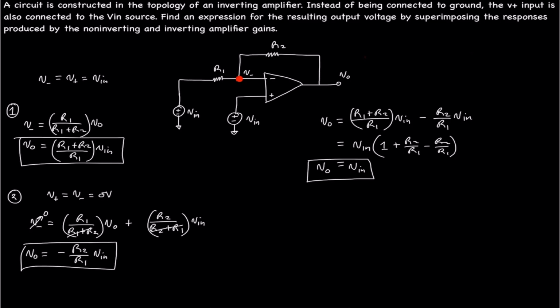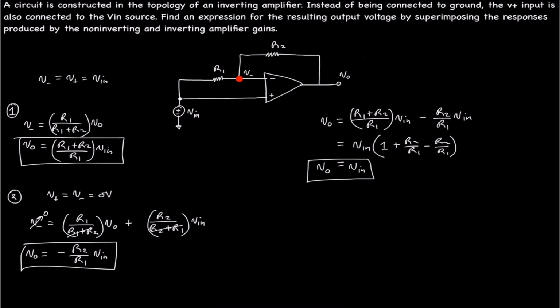So in this case, what we see is that if we tie, in an inverting amplifier configuration, V plus to V in, then we get a voltage follower. So V out is equal to V in.